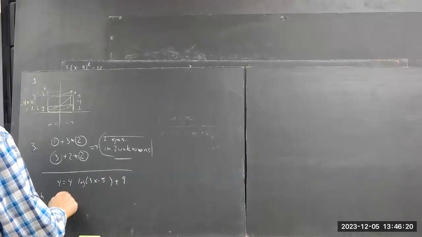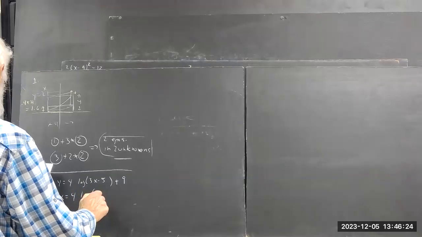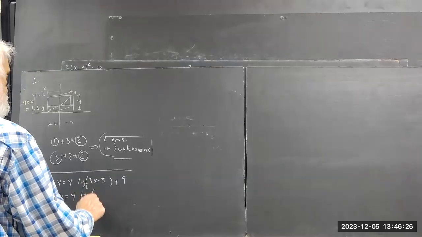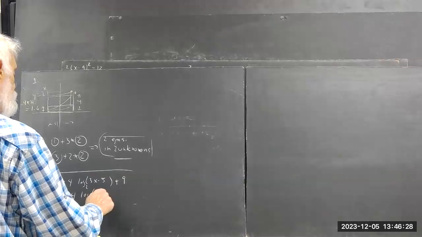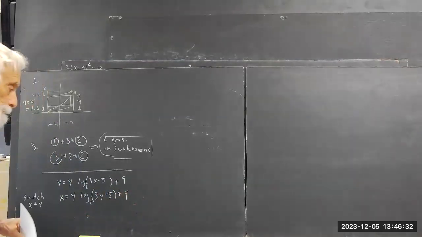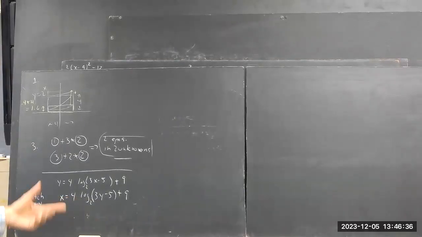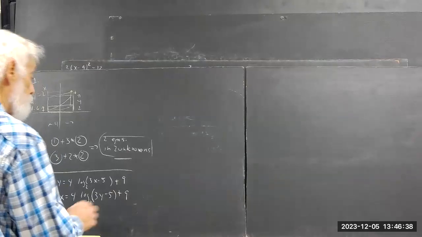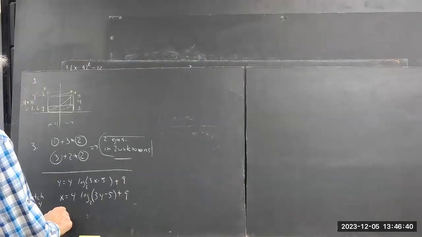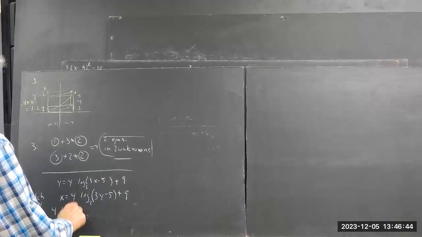Switch x and y, you get x equals 4 log base 2 of 3y minus 5 plus 9. Okay, so now you have to solve this for y. Well, you subtract 9 from both sides, and I'm going to put the log over on the left side.